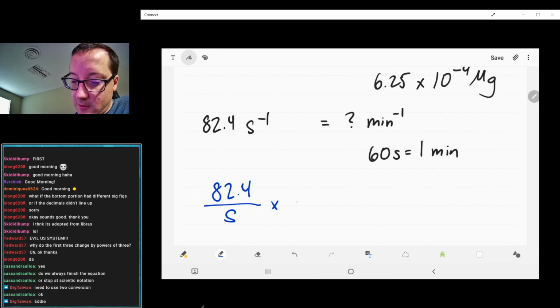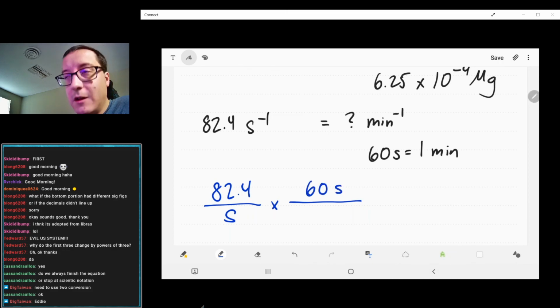Notice here, because the unit that we're getting rid of is in the denominator, we're going to have to put 60 seconds on the top, so that the seconds will cancel out. Does that all make sense? So because our unit is in the denominator, we need to put our conversion factor in the numerator so that they cancel out.